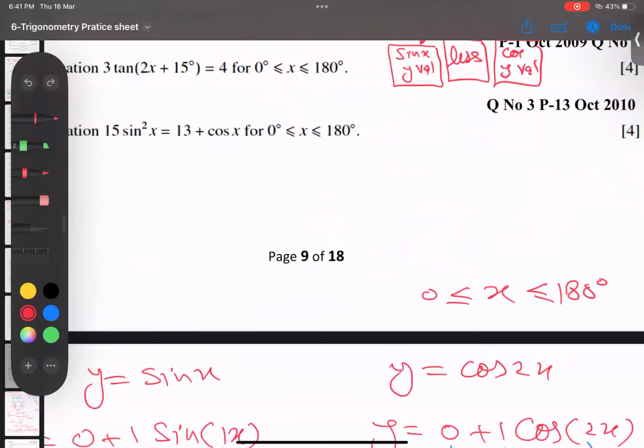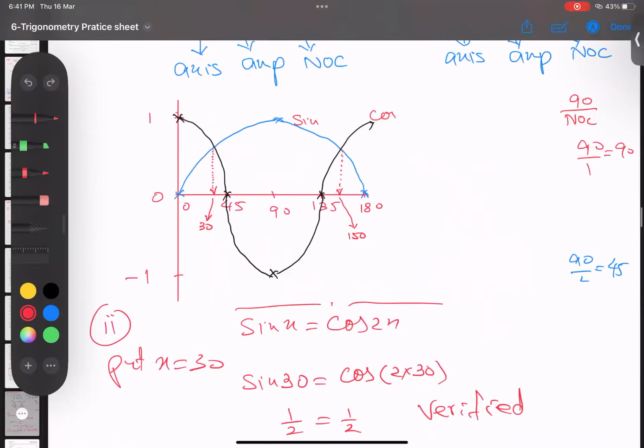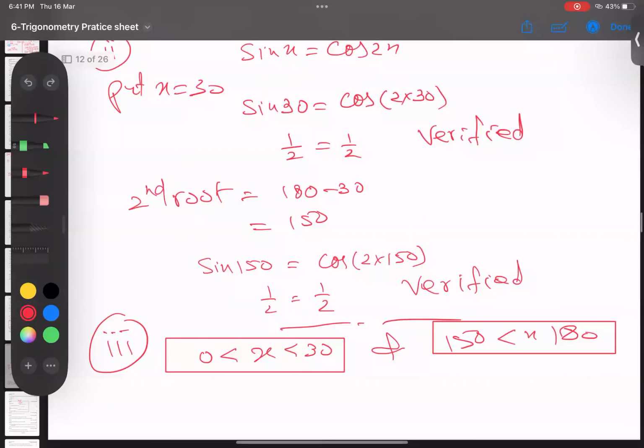I repeat, the sine curve goes below, the sine curve is here, and the cos curve goes above. And what is the angle? Starting from 0 and ending at 30, and starting from 150 and ending at 180. So I believe the point is very, very clear. And this is for a 2-mark question. We have done it. Alhamdulillah Rabbil Alameen.